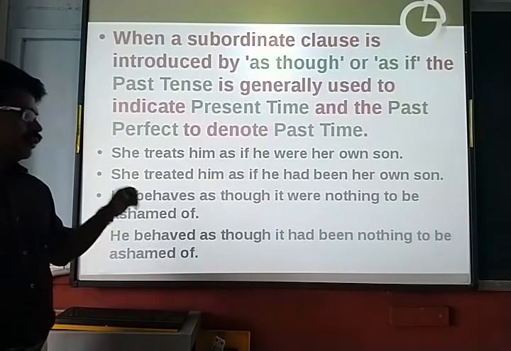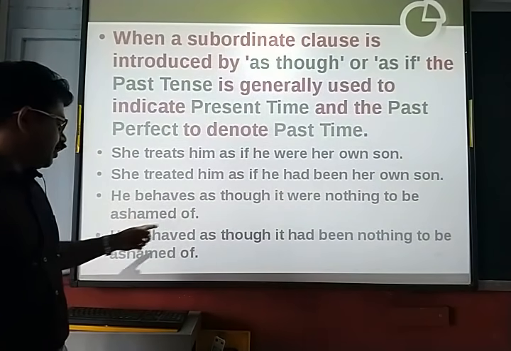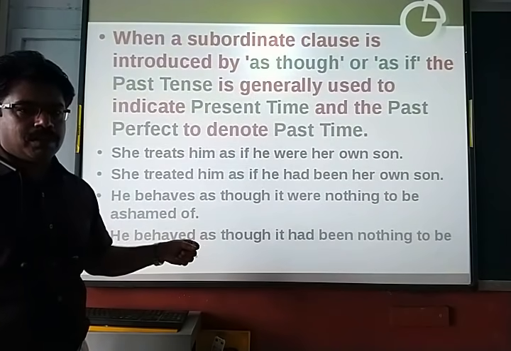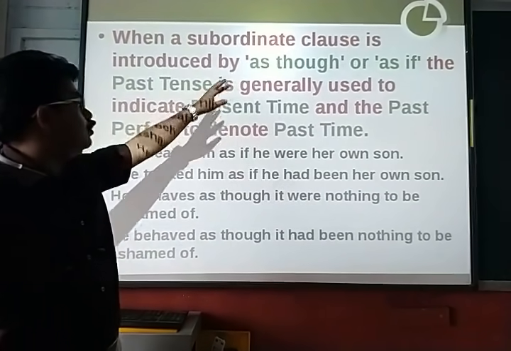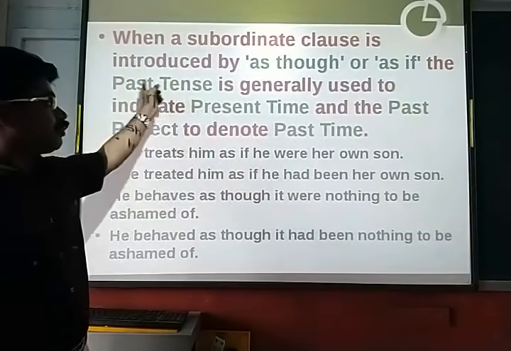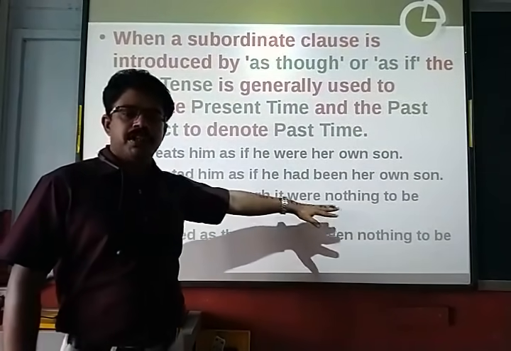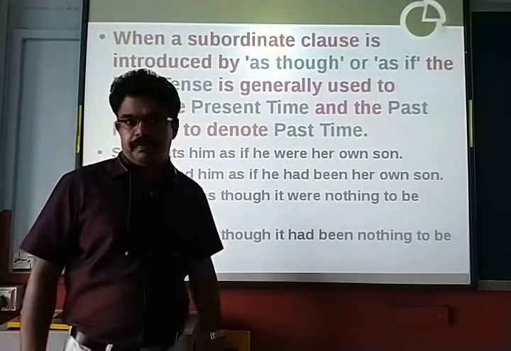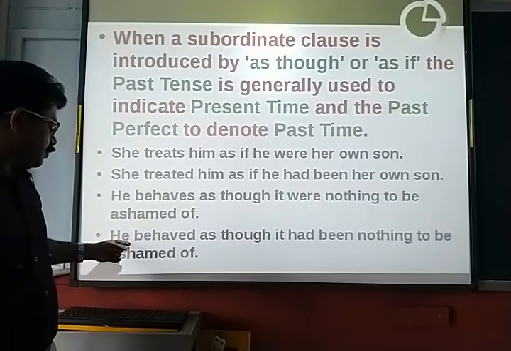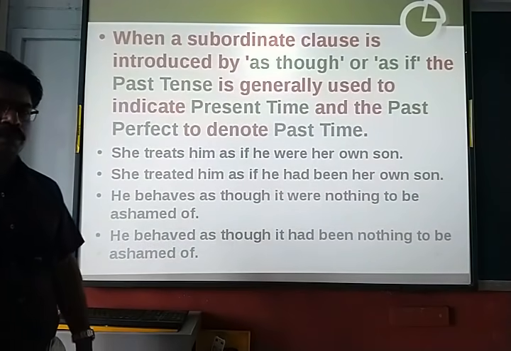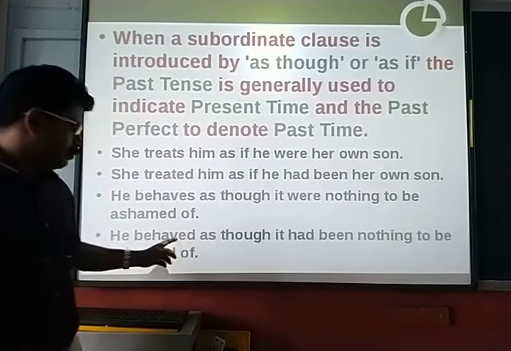He behaves as though it were nothing to be ashamed of. He behaves is present tense, so naturally past form is used: it were nothing. He behaved as though it had been nothing to be ashamed of. He behaved, past tense.